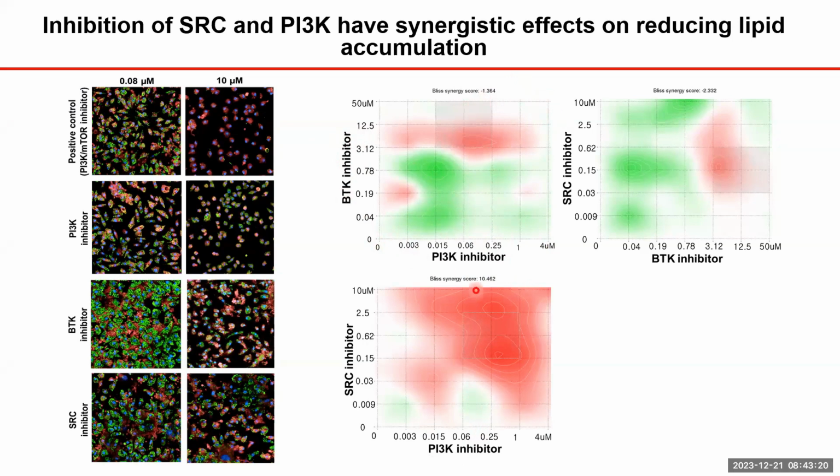And then this is just a heat map of this score. And as you can see, inhibitors of SRC and PI3 kinase seem to indicate a strong synergistic profile, indicating that these two mechanisms or signaling pathways seem to have synergistic effects in inhibiting lipid accumulation of foamy macrophages.